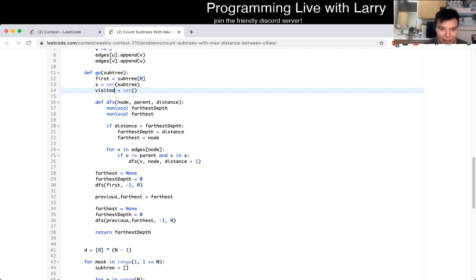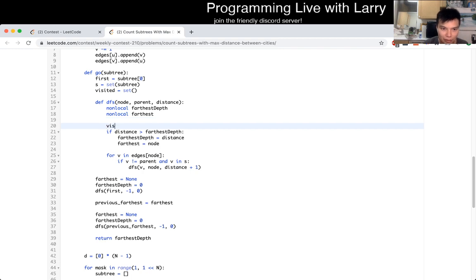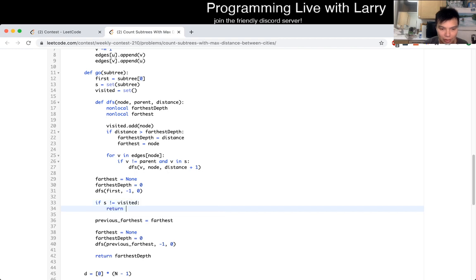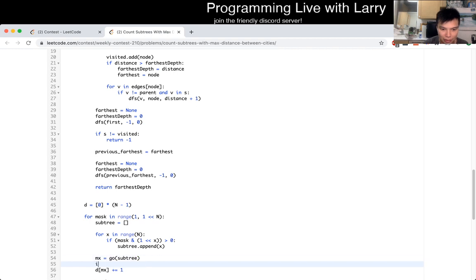Let me see it. Node. If s is not equal to visited, return -1, and then if mx is -1, continue.